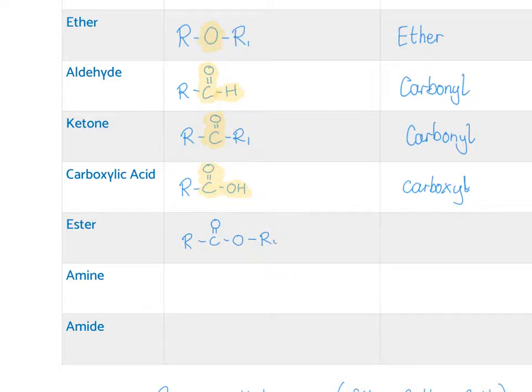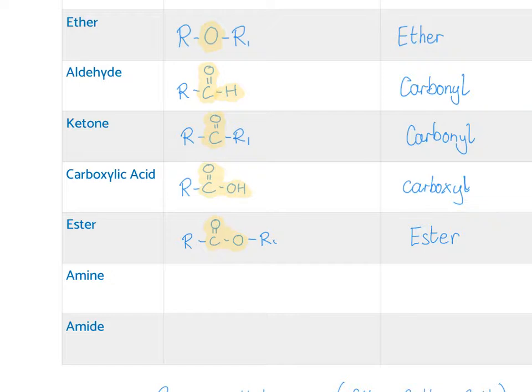So the C double bond O, single bond O, is in the middle of two alkyl chains, and we call this functional group ester. Again, very similar to the carboxylic acid, C double bond O, single bond O, but with another carbon group on the end.